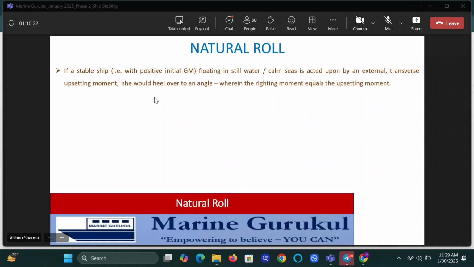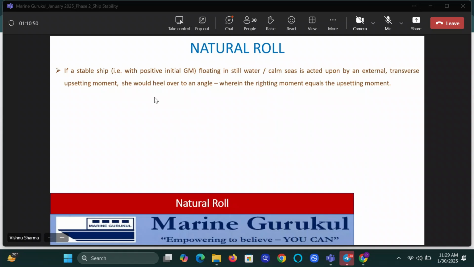So you withdraw that element, and now the vessel, because of momentum, will not immediately come to a stop. What will happen? It will keep rolling from one side to another, and because of the air and water resistance the amplitude of the roll will keep reducing, and now the vessel is rolling naturally. Why? Because it is not under the influence of any wind, not under the influence of any wave.